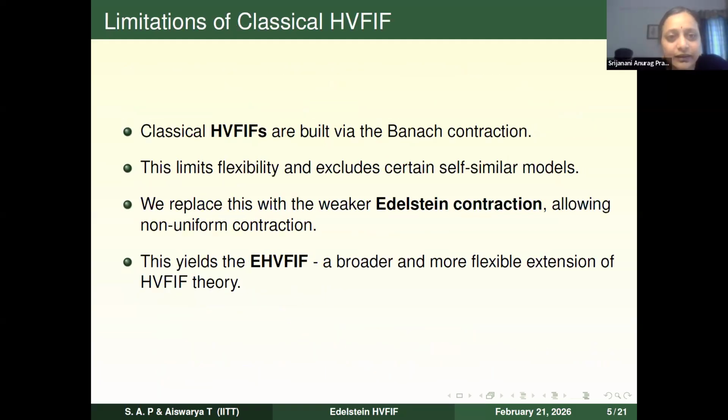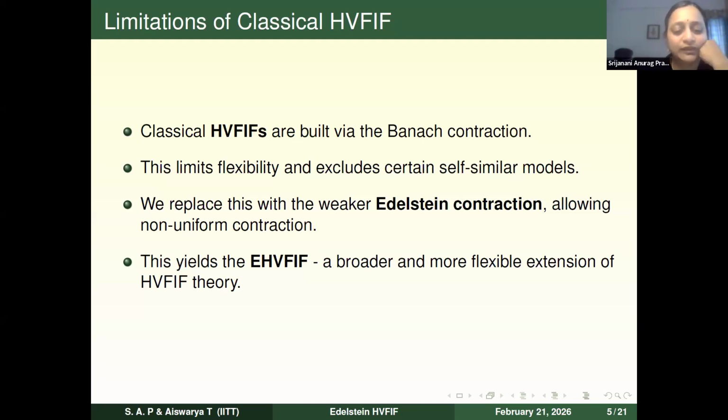Now, the classical hidden variable fractal functions are constructed using the Banach contraction, which requires a uniform condition. This limits the flexibility of the model, and some classes of self-similar functions are not captured within the classical hidden variable fractal interpolation functions.